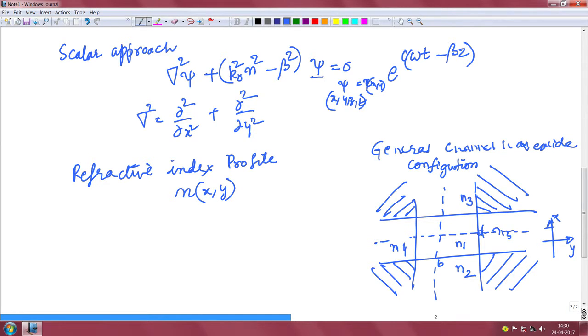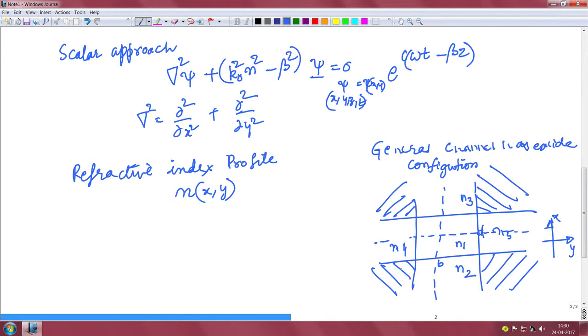Taking a clue from the earlier discussion about symmetric slab waveguides and asymmetric slab waveguides, we can express the fields to be oscillatory in the guiding region and exponentially decaying in the substrate and cladding regions. But then you have the complication that it is a function of two variables.